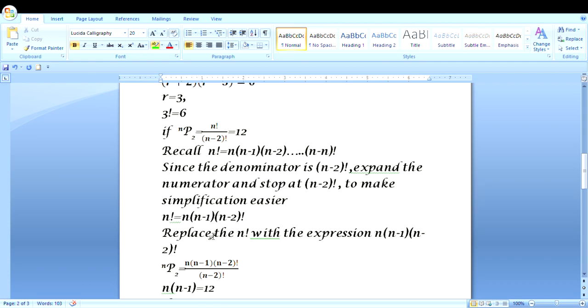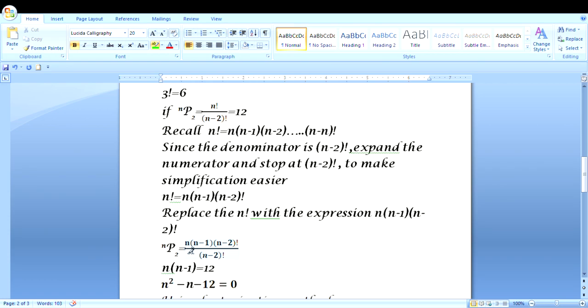So n factorial is equal to n into (n minus 1) into (n minus 2) factorial. We replace n factorial with this expression, and this becomes n into (n minus 1) into (n minus 2) factorial.